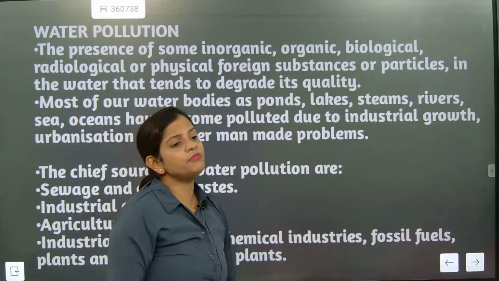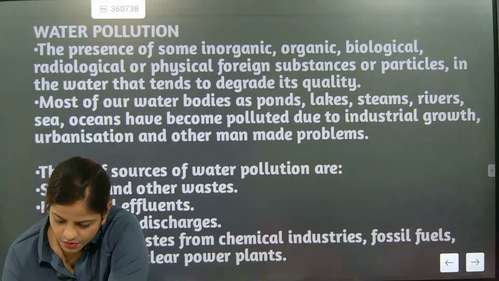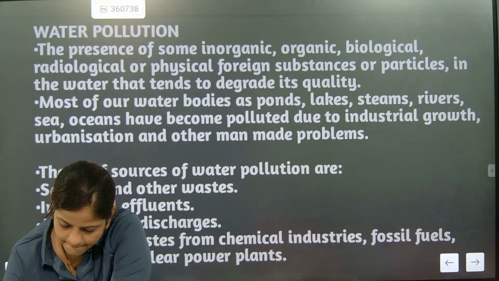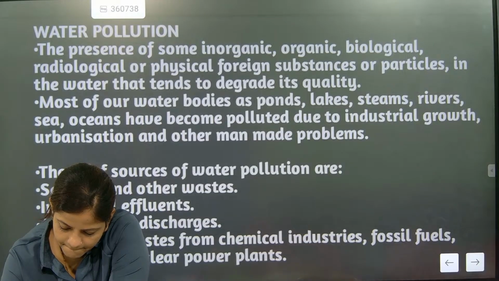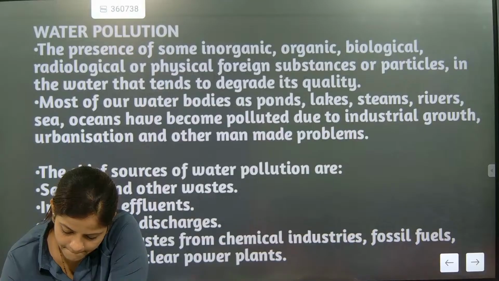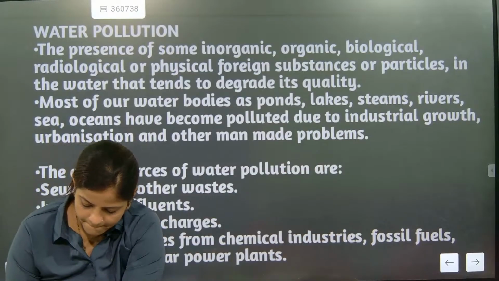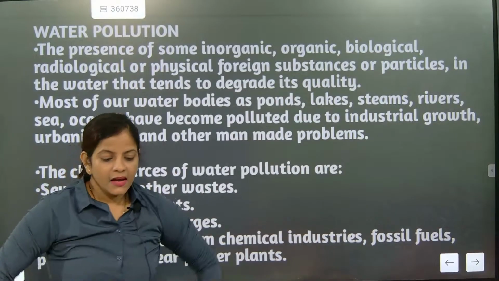Correct now? Now can you tell me what is the meaning of eutrophication? I hope you might have understood.